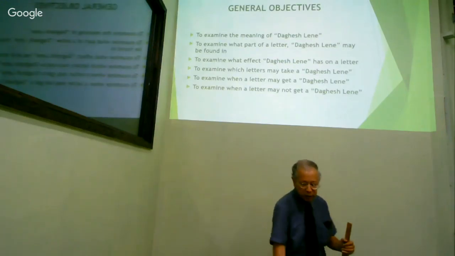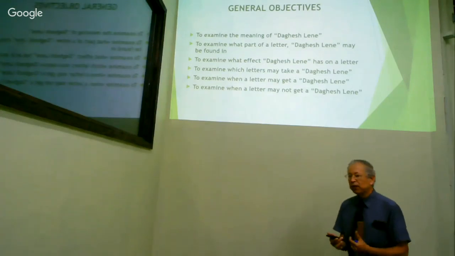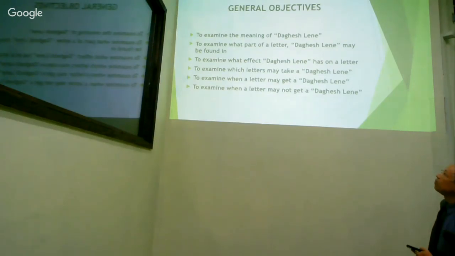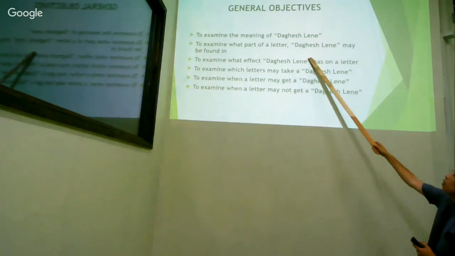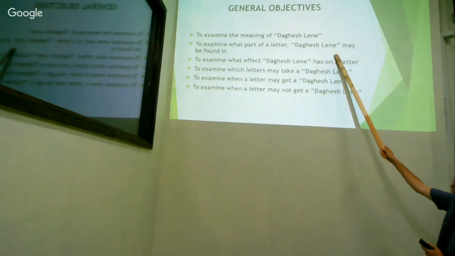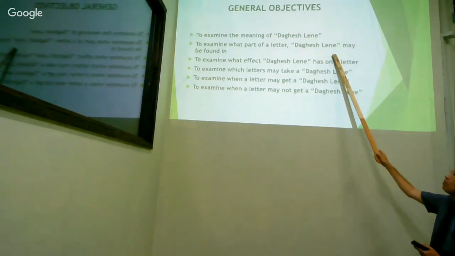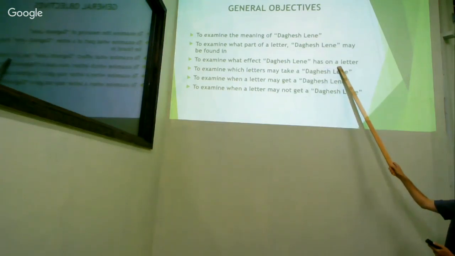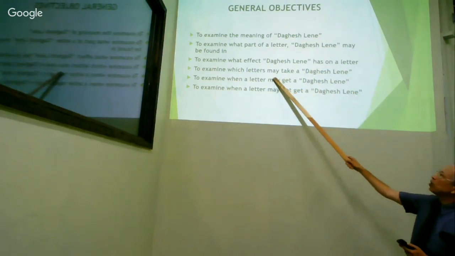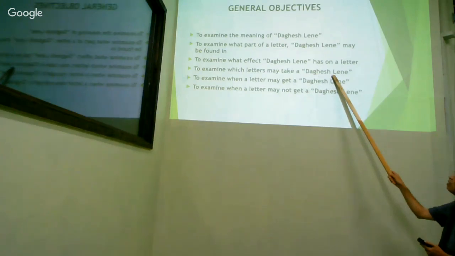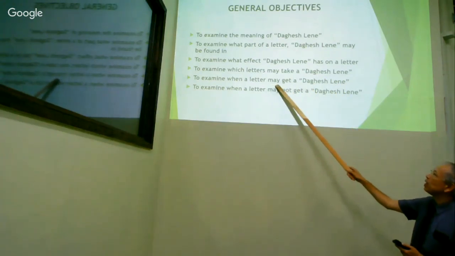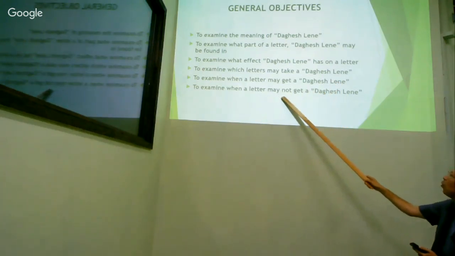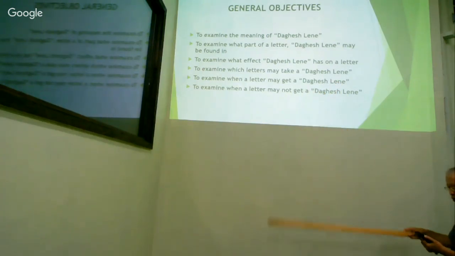The general objectives for this lesson are to examine the meaning of Daghesh Lene, to examine what part of a letter Daghesh Lene may be found in, to examine what effect Daghesh Lene has on a letter, to examine which letters may take a Daghesh Lene, to examine when a letter may get a Daghesh Lene, and to examine when a letter may not get a Daghesh Lene.